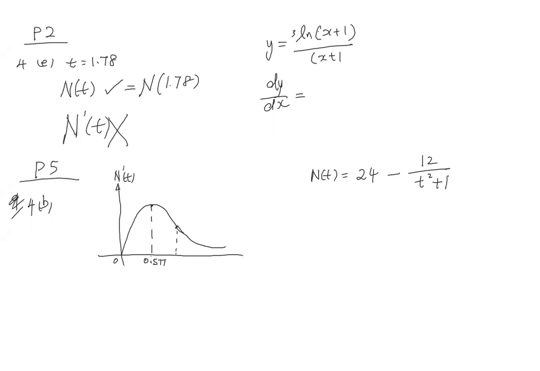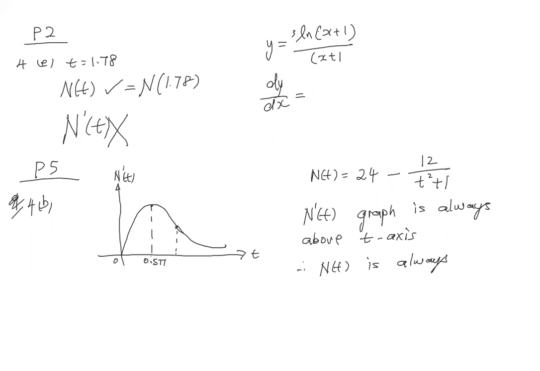If this is the N prime t graph, okay, this is your N(t). So your N prime t graph is always above the t-axis, correct? Therefore N(t) is always increasing.